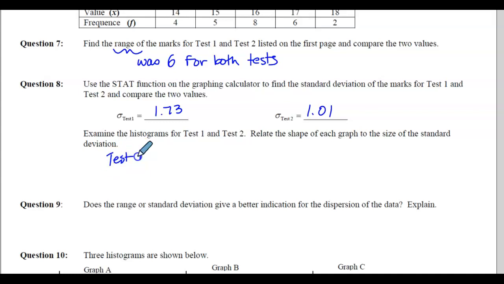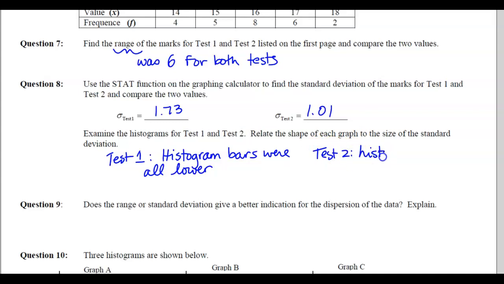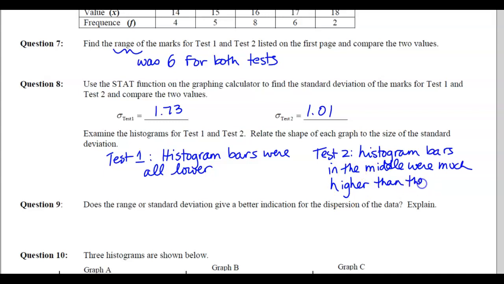So test 1, histogram bars were lower, and test 2 more concentrated.